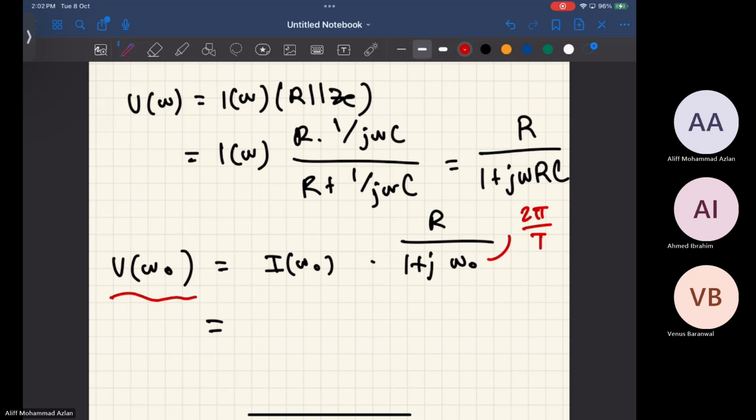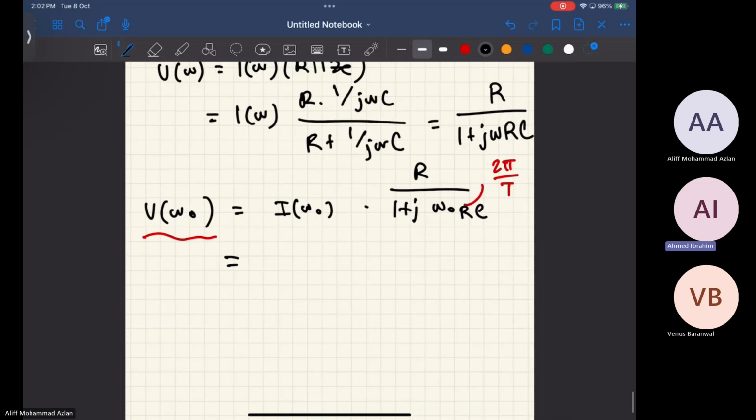And then this is times RC. So we just plug that into the calculator and we'll get this is equal to 0.81 with a phase of negative 86.4 degrees volts. And then we just do the same for the second and third harmonics.